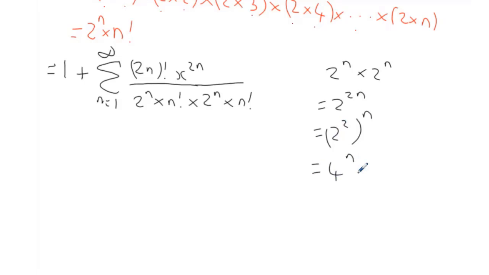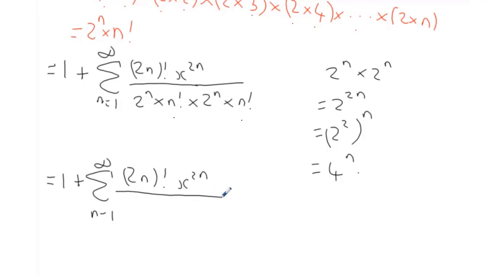So I can have a 4 to the n, and n factorial times n factorial, we'll just write that as n factorial squared. So now a final expression for the series is 1 plus the sum from n equals 1 to infinity of 2n factorial times x to the power 2n over 4 to the n times n factorial squared.